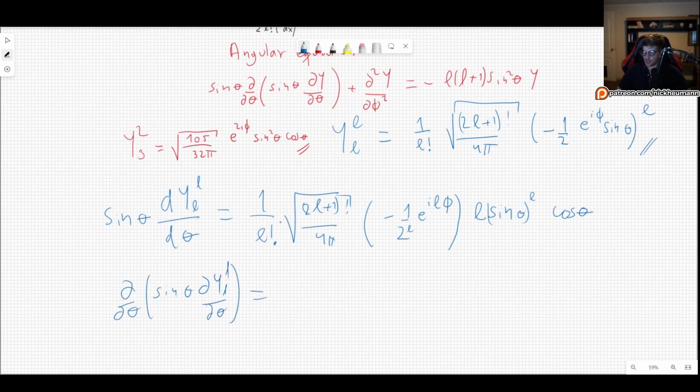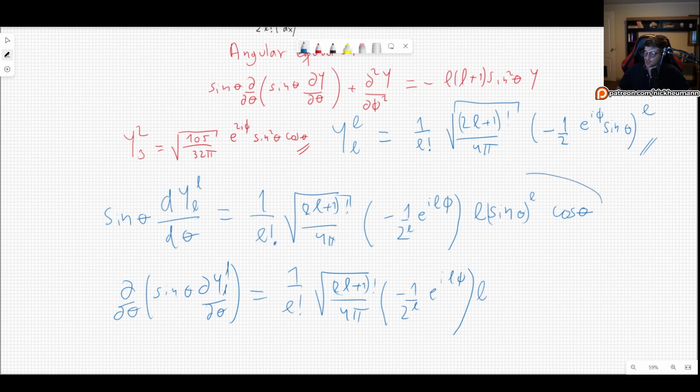Okay, and then we have all these things in front that, again, do not change. So square root of 2L plus 1 factorial over 4 pi. Then we have minus 1 over 2 to the L, e to the i L phi. And then we have, let's see, this L remains.